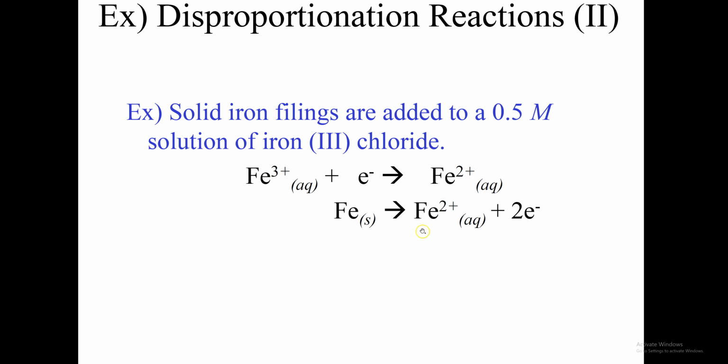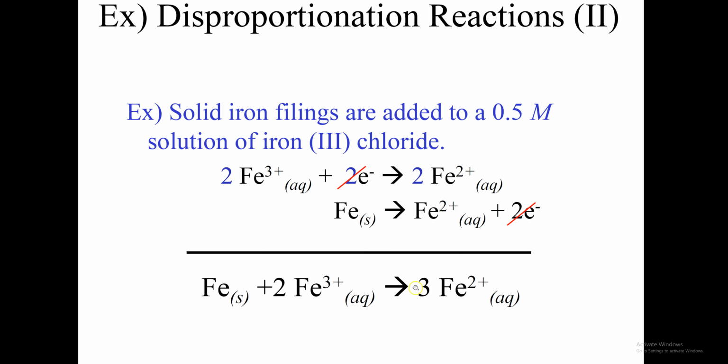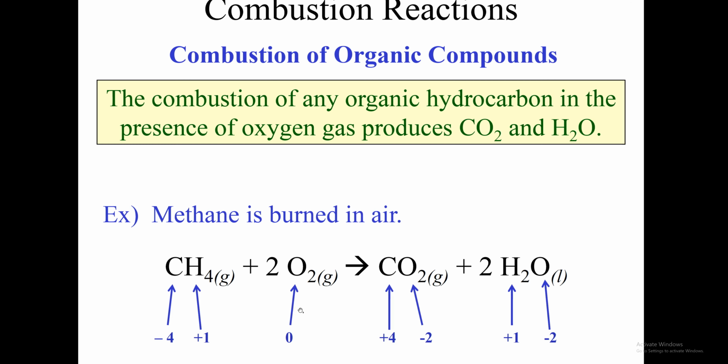So that's coming from this side. That becomes Fe2+ and 2 electrons. Once we do that, we're going to have to balance this reaction, and you end up getting 2 Fe3+ with the 2 electrons, and then you end up getting that situation. So here we have a lot of iron that's being both oxidized and reduced.